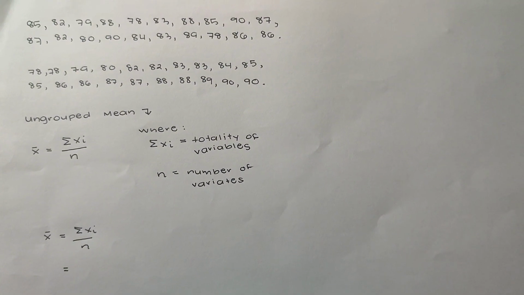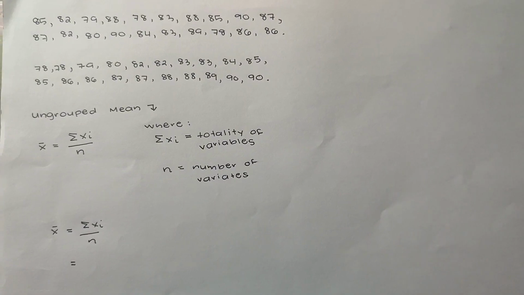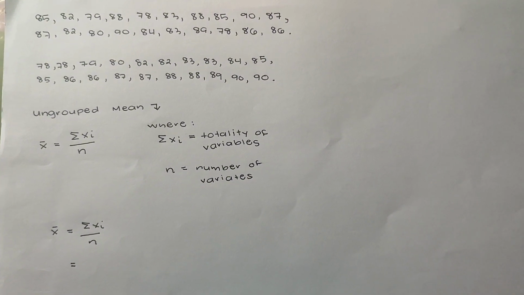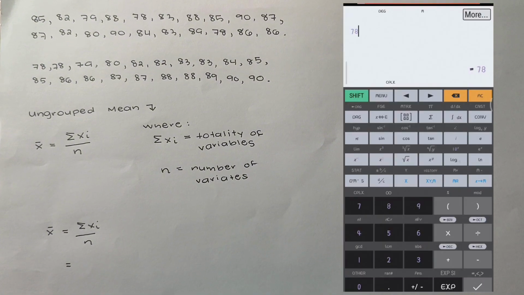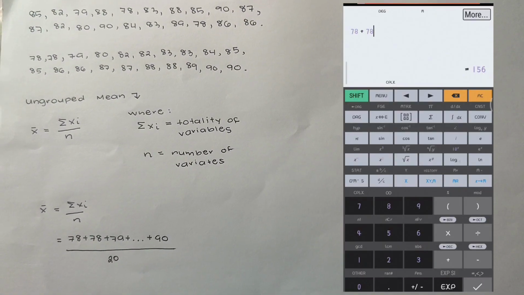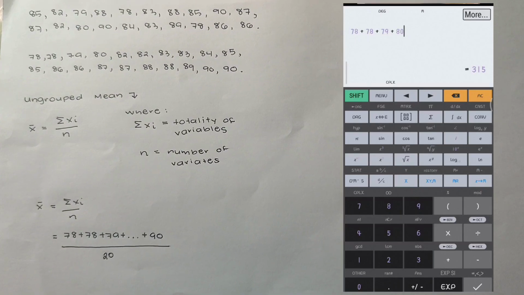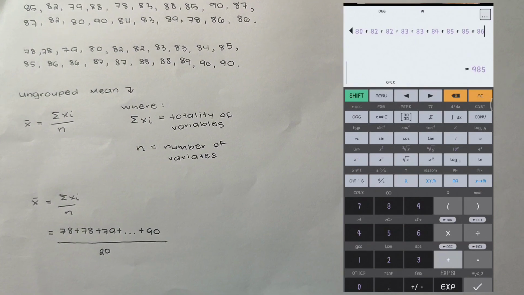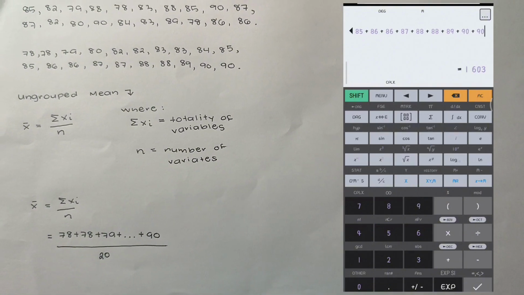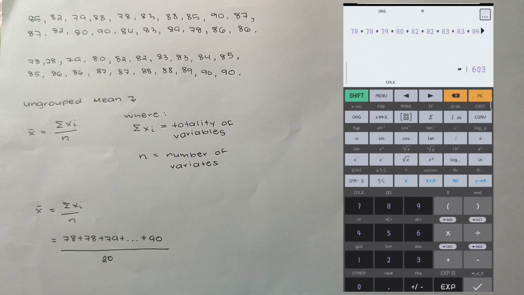Now, we will input the data into our formula. Mean is equal to the summation of x over n, and if we input all the data, mean is equal to 78 plus 78 plus 79 plus 80 plus 82 plus 82 plus 83 plus 83 and so on up to plus 90 divided by 20, or the number of variates.